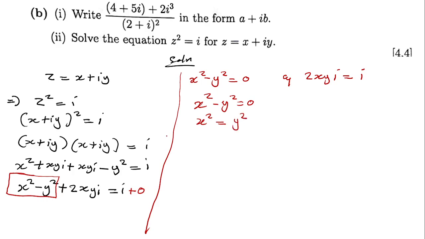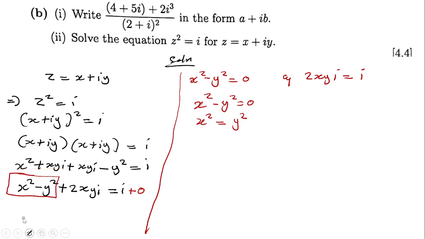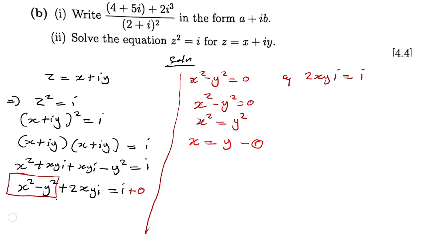So with this in mind, you can simply say x is equal to y. So this is your equation 1. Then after you do that, you're going to go on the other side. You are going to divide throughout by i.